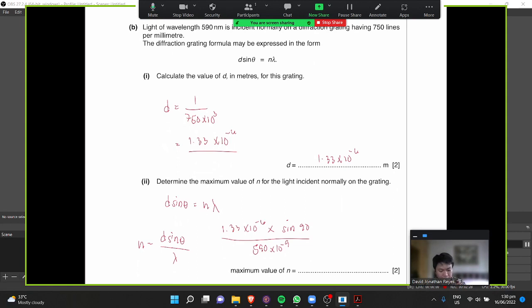You'll be getting a value of around 2.25. Of course, you cannot go beyond 2 given that it's already the max for 90. So this will be a value of 2. Okay? That's how you answer this question.